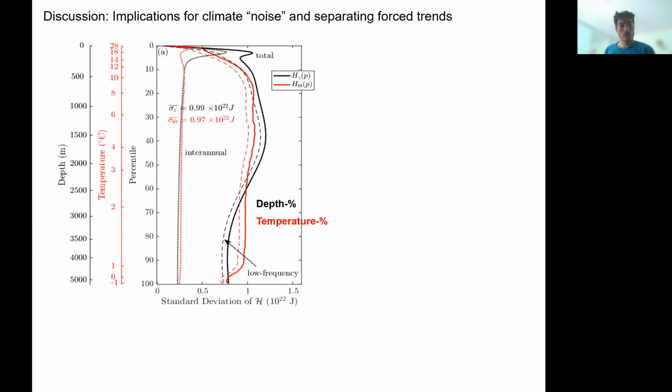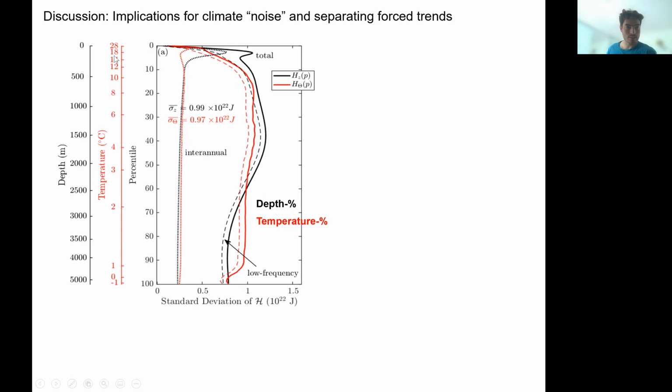So finally, just a point of discussion: what are the implications of these results for climate noise and separating forced trends? What I'm showing you here is a summary of the standard deviation of variations in the total heat content integrated down to a certain level, in depth in black and temperature in red.